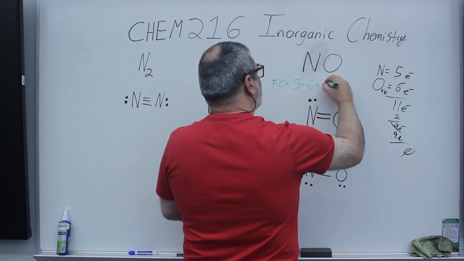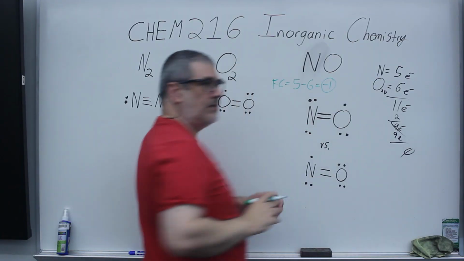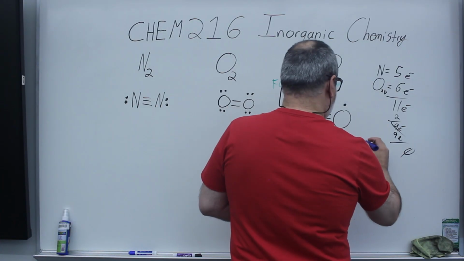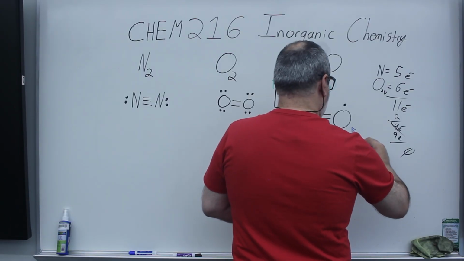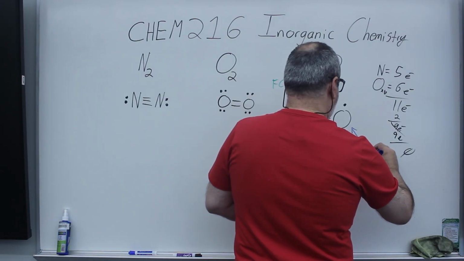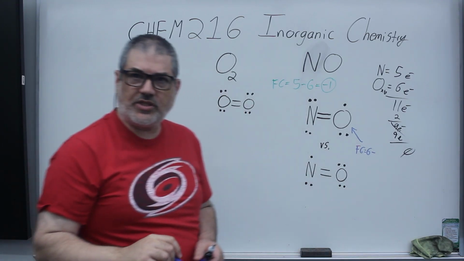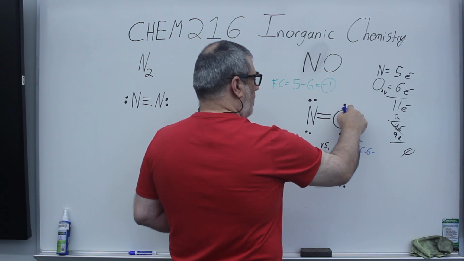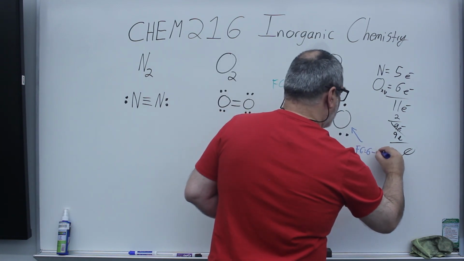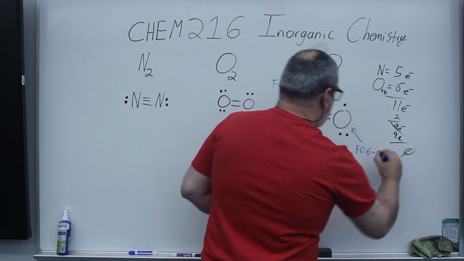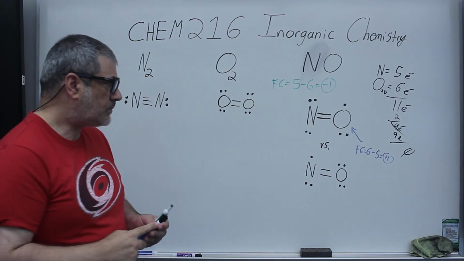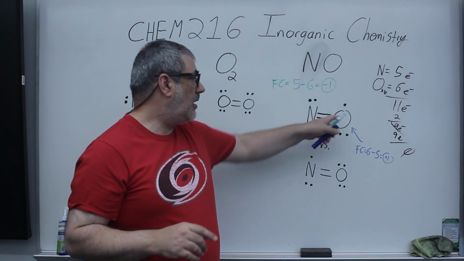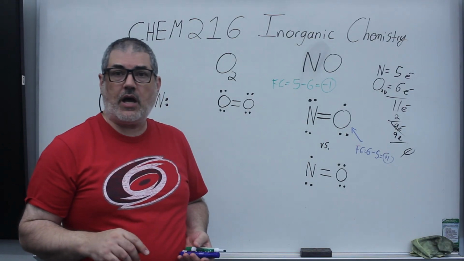So 5 minus 6 is -1. For the oxygen, it has 6 valence electrons. 6 minus 2, 3, 4, 5. So 6 minus 5 is +1. Okay? We have a formal negative charge on the nitrogen, a formal positive charge on the oxygen.